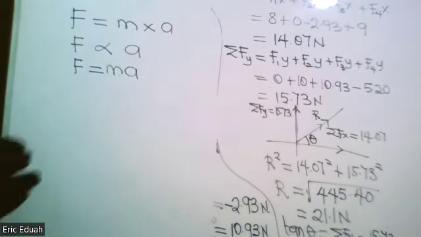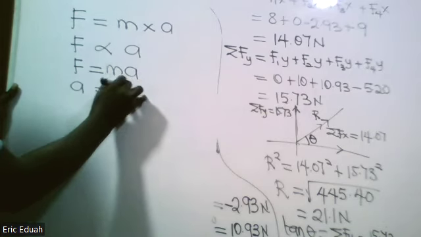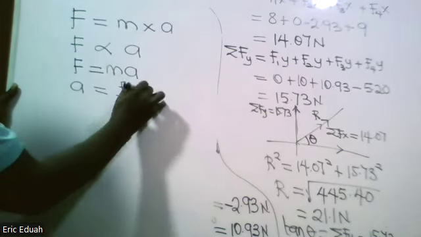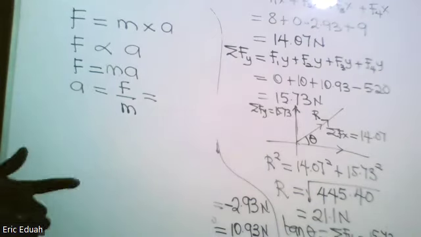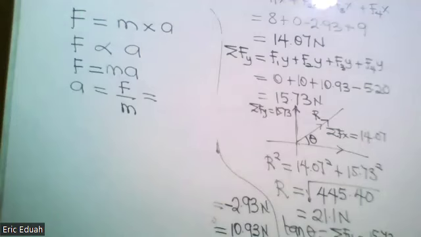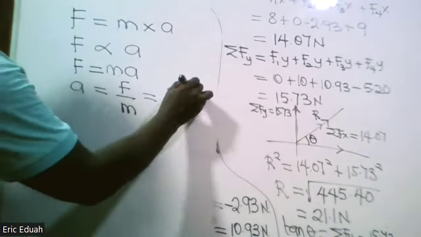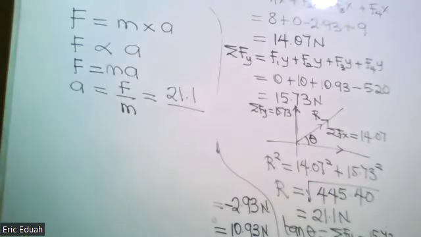So when I'm looking for acceleration, A is equal to F over M. What is F? F is the resultant force, and here we got 21.1 as the resultant force. So 21.1 divided by the mass of the body. What were we given as the mass of the body? 6 kilogram. Good.